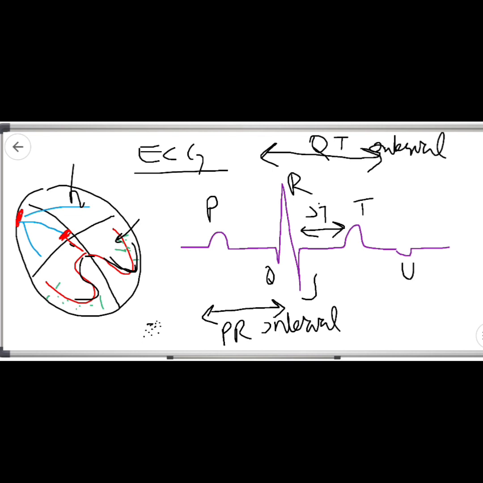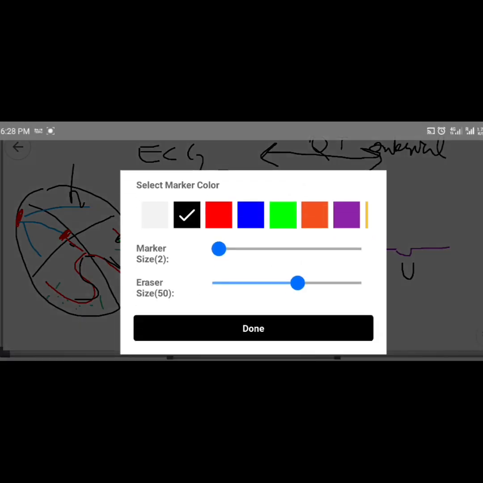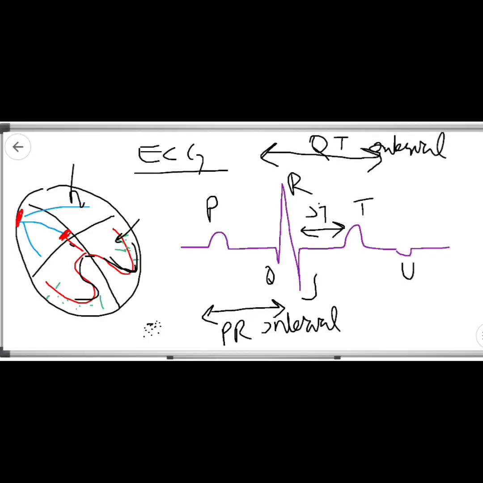So at the moment we have the P wave, the PR interval, the QRS, the T wave, the U wave, the ST segment, and the QT interval.